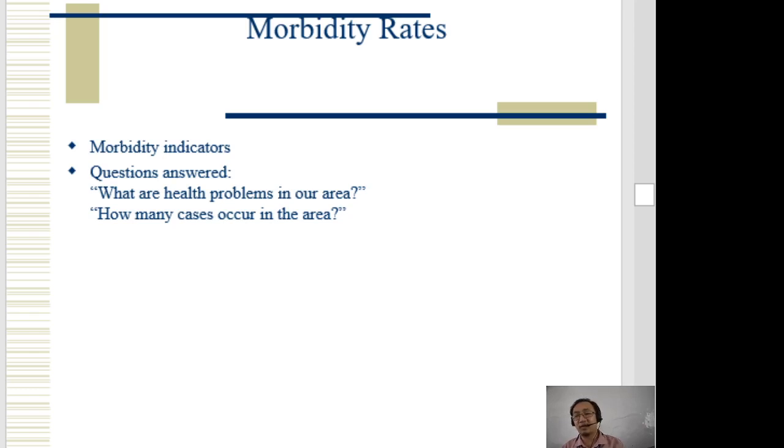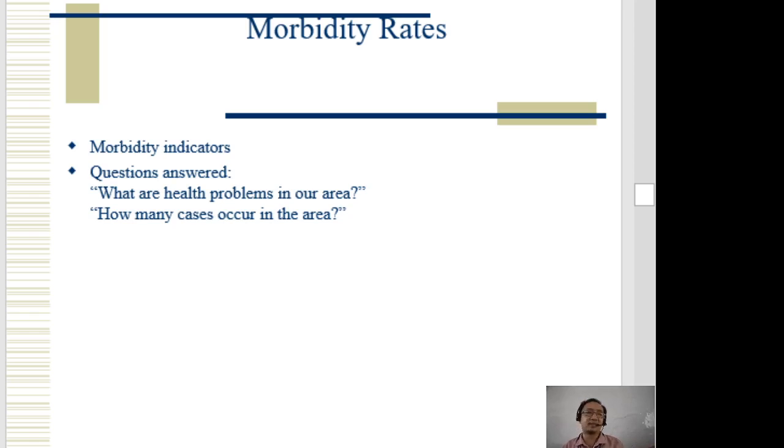These are usually based on disease-specific incidence or prevalence of common and severe diseases. So morbidity rates will depend on the frequency of occurrence of a certain disease or all diseases.